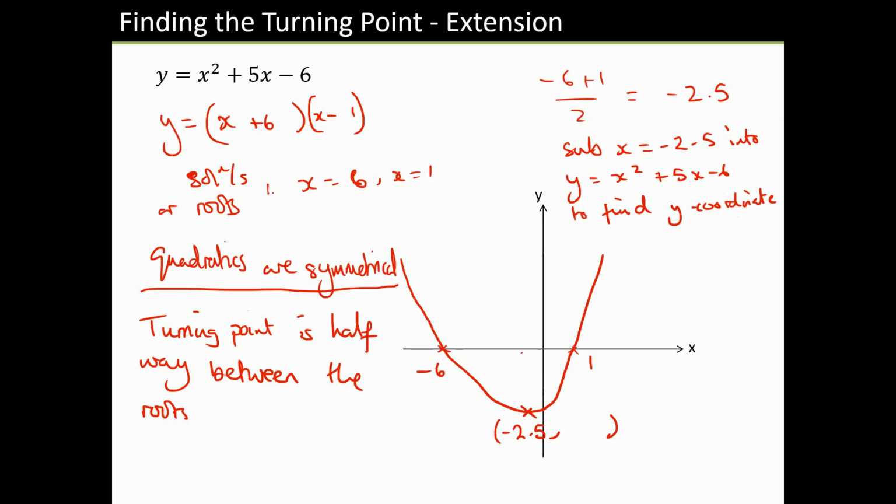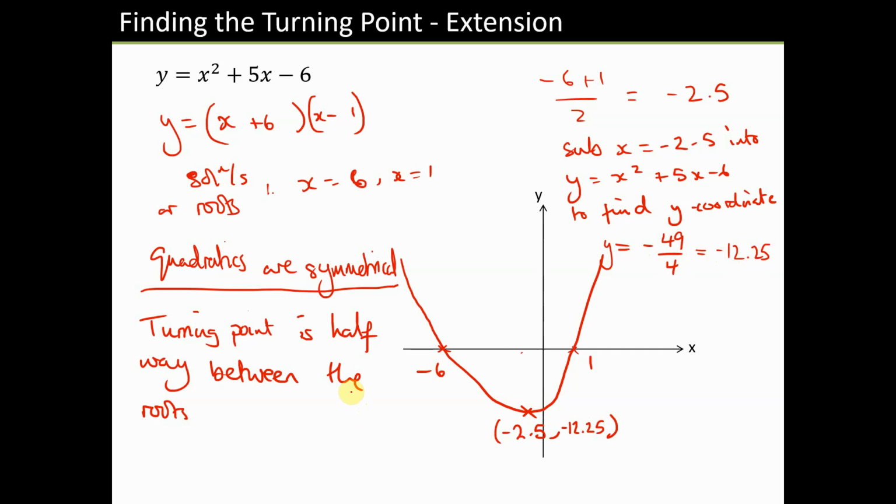So I've put brackets around minus 2.5 and then a squared outside the brackets, plus 5 lots of minus 2.5 minus 6. And it's given me a fraction. It's given me minus 49 over 4, or we can write that as minus 12.25. So that is my turning point.